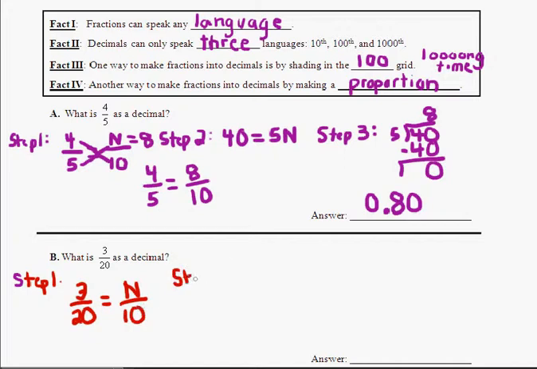Step 2. We're going to cross multiply like normal. 3 times 10. Well, that's not so hard. That's 30. Equals 20 times n. We're going to call that 20n, which means 20 times n. Step 3. In order to find out what n is, we need to do a little division.